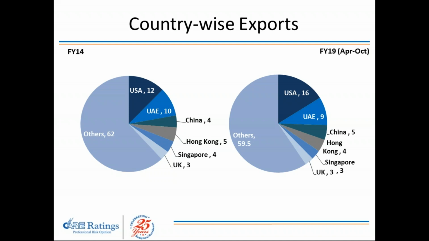China is India's largest importing partner, contributing a share of 11% in India's imports, followed by USA and Saudi Arabia. China's share in total imports has increased from 11% to 14% during FY14 to FY19.